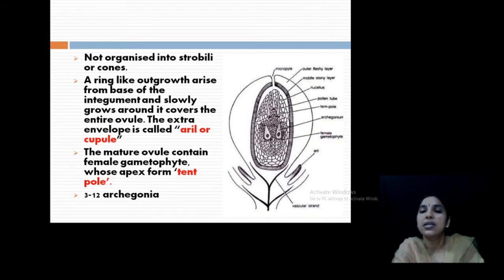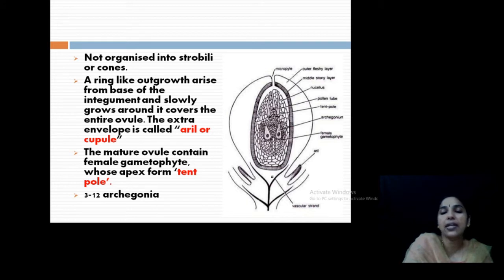You can see this is the covering integument, and this is a long micropylar structure, and these are the archegonia, the female gametophyte produced inside, and the different layers present. This is a pollen chamber, a structure produced in the embryo sac, and this is the archegonium, and the lower portion the endosperm. I will tell you that.